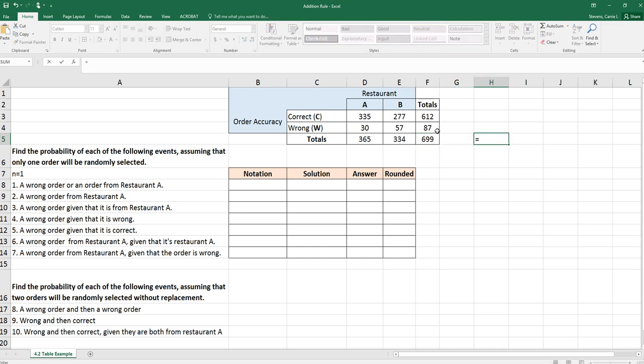Now, I actually got that three different ways just to show you. I could add up all of these and get my grand total. I could also add up the two row totals, or I could add up the two column totals.